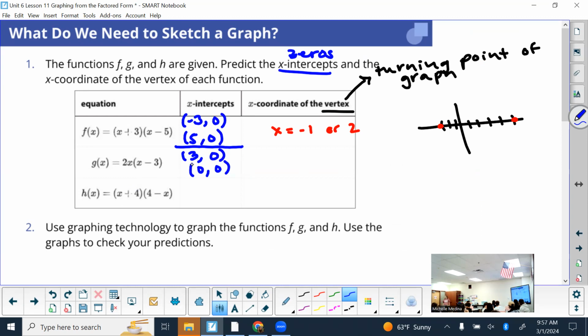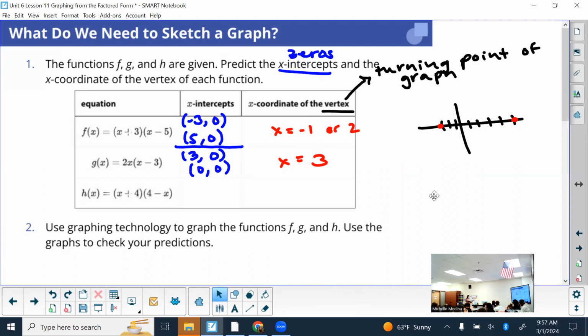Now, table 7, estimate, please, the x coordinate of the vertex if these are our x-intercepts. Okay, you're saying 3. You're saying the vertex is right underneath one of the zeros. The prediction, we'll see in a little bit.